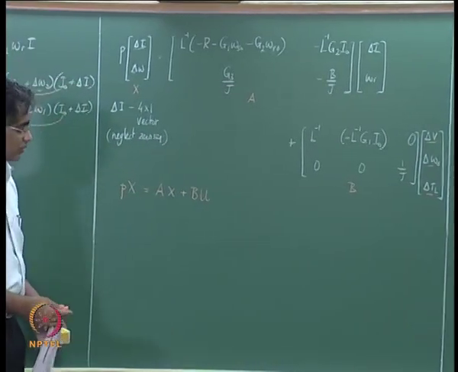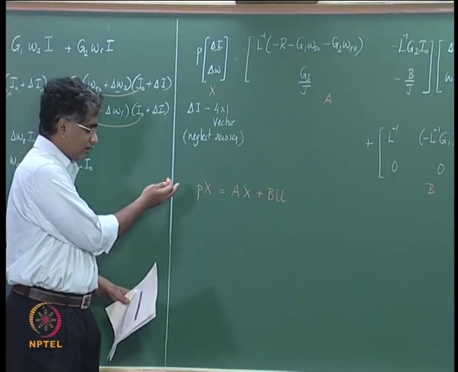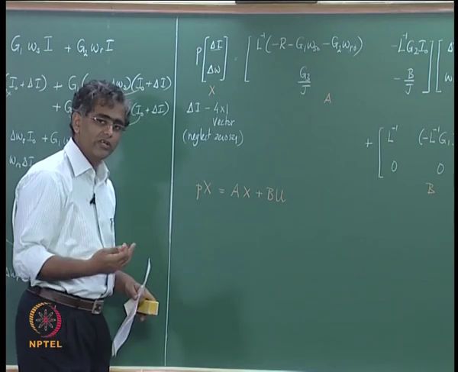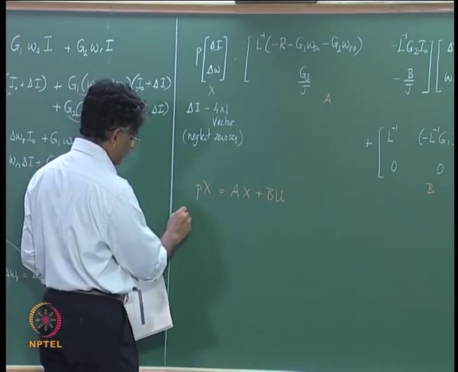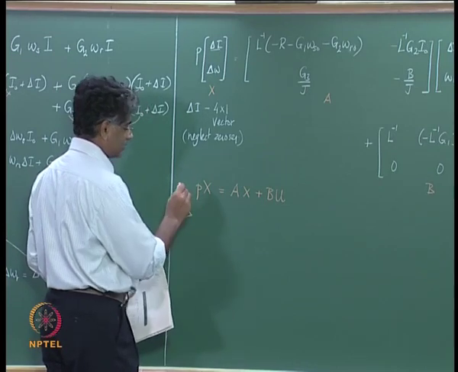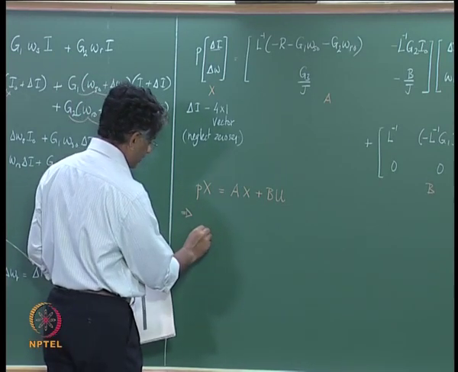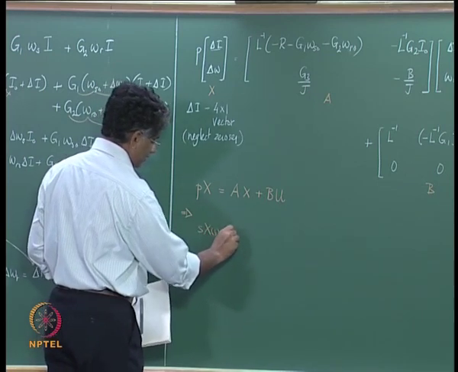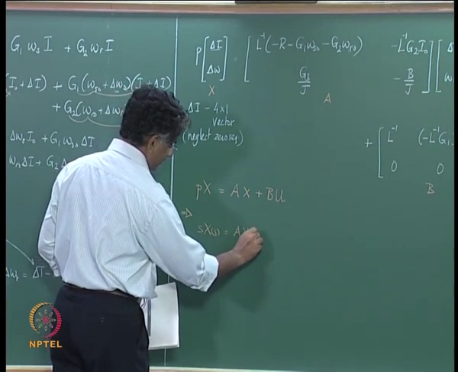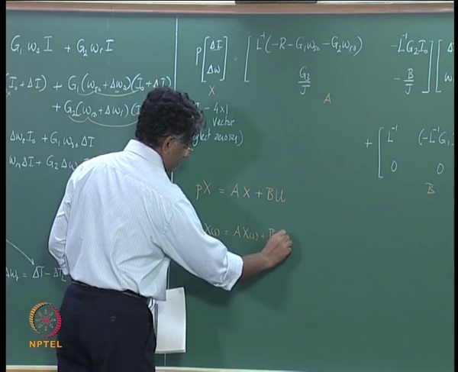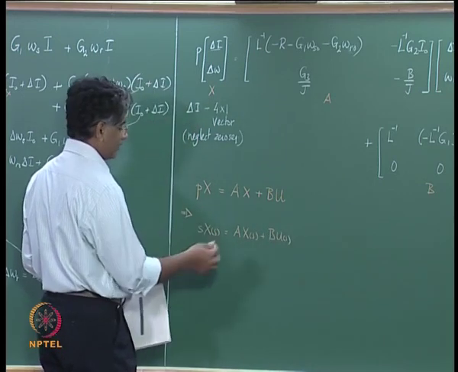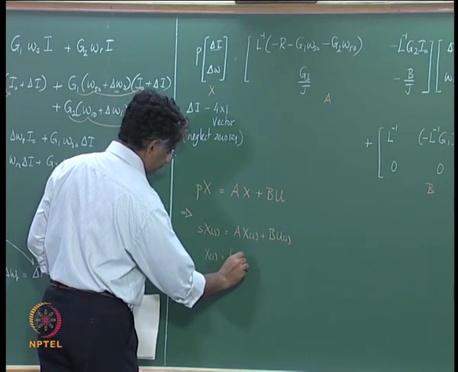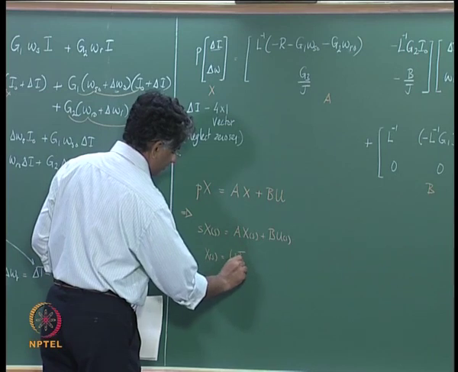Once you have it in this form, this is nothing but a series of first order differential equations, and as we have seen in the case of DC machines, if you want to solve this, you can transform this into the Laplace domain. So, you have S times the vector x of s equals A times x of s plus B times the input vector u of s, and therefore you can solve for x of s as s into identity matrix.